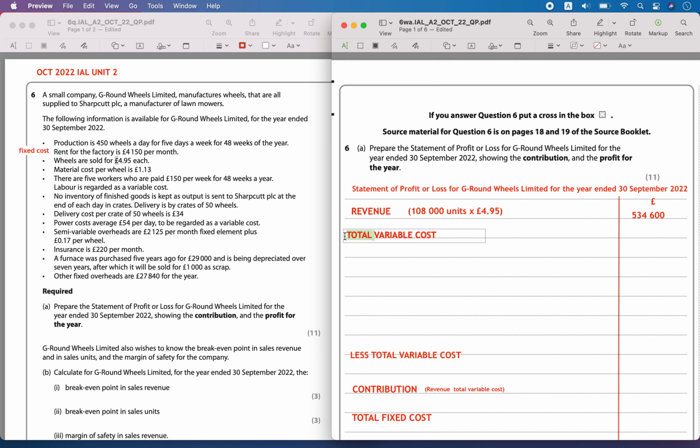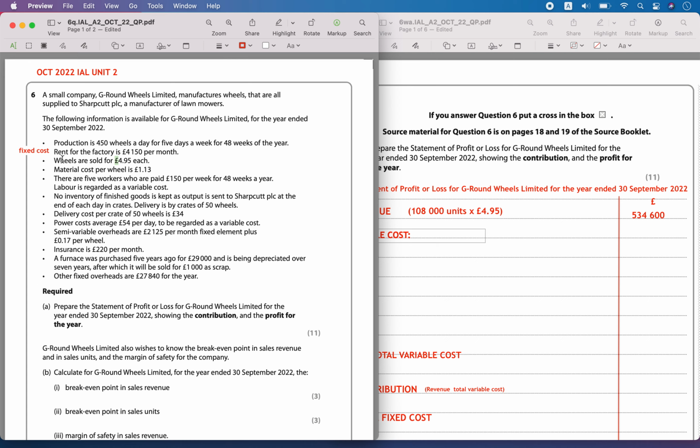Now let's calculate the variable costs. First, we saw the material cost per wheel. Material cost is going to be a variable cost here, as it is as per the production quantity, so it varies with the quantity produced.